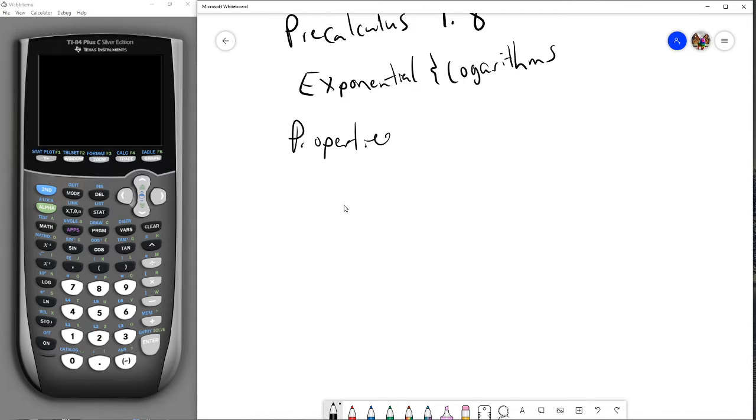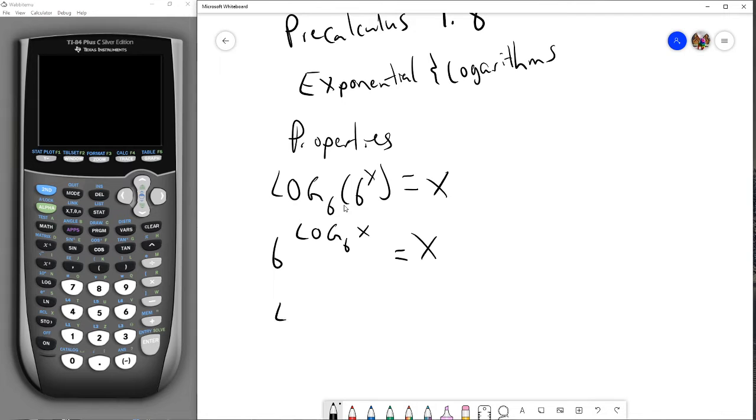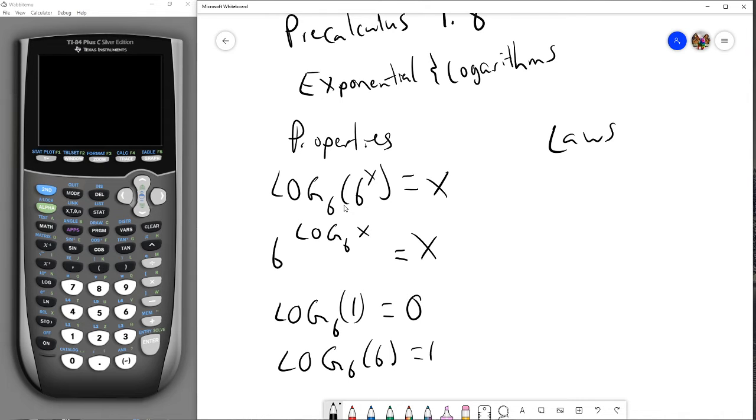Here are our properties: log base b of b to the x is equal to x, b to the log base b of x is equal to x, log base b of 1 is equal to 0, log base b of b is equal to 1, and we had this law also: log base b of a to the c is equal to c times log base b of a. Now there are two more laws of logs that we must consider, so let's dive right in.